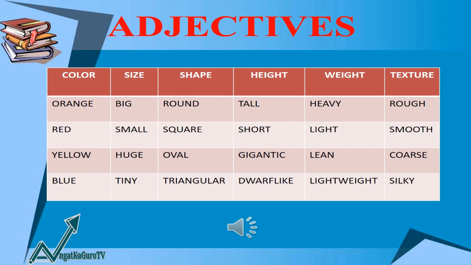Height: tall, short, gigantic, dwarf-like. Weight: heavy, light, lean, lightweight. And texture: rough, smooth, coarse, and silky.